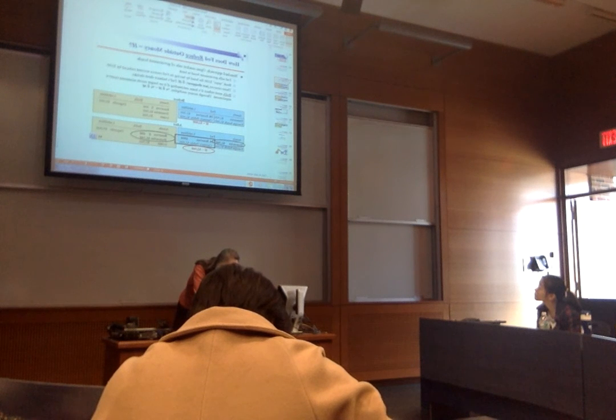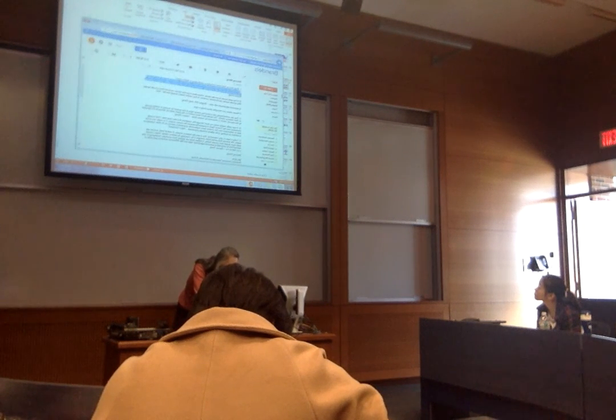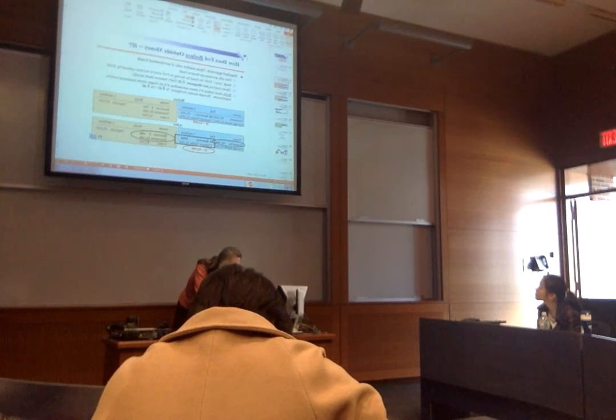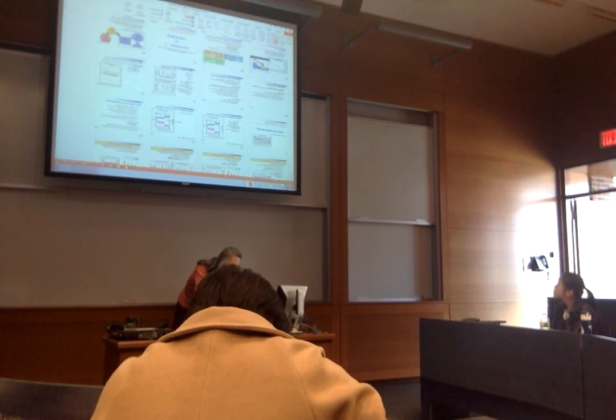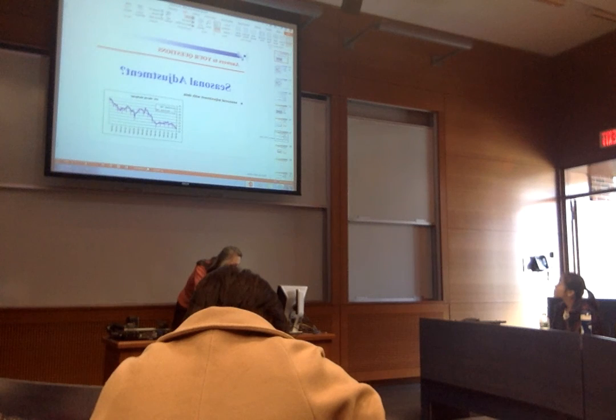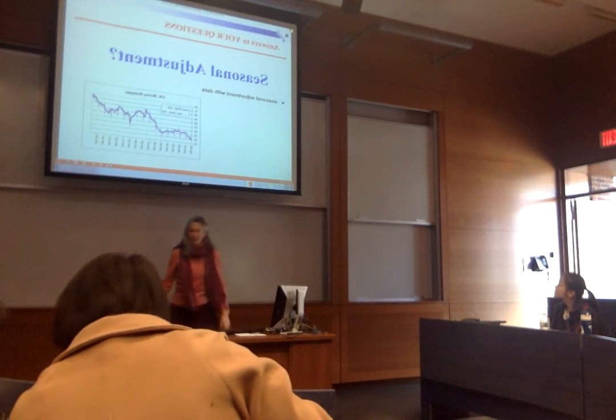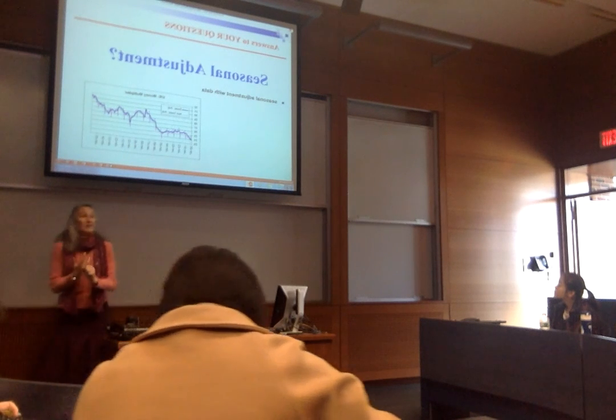Another question that came up was seasonal adjustment. So I'm going to jump ahead to the slides on seasonal adjustment and just highlight the key things that I want you to take away from that discussion. The first thing is, what does seasonal adjustment have to do with?